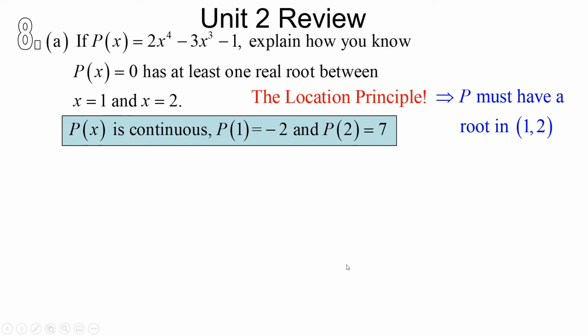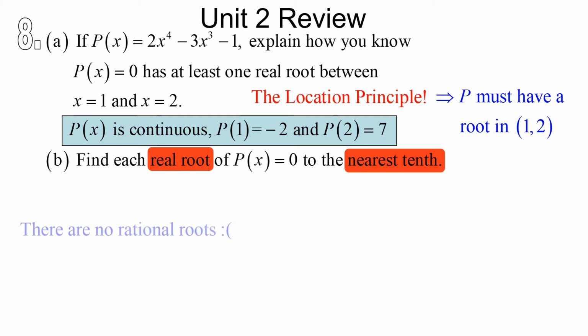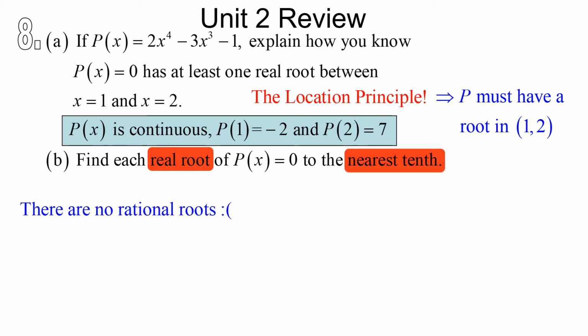So there's part A. Now part B: find each real root of p of x equals 0 to the nearest tenth. Now they're giving you some serious hints that this probably is not going to be factorable. I'm betting there are no rational roots because they've told us to find real roots and to round.